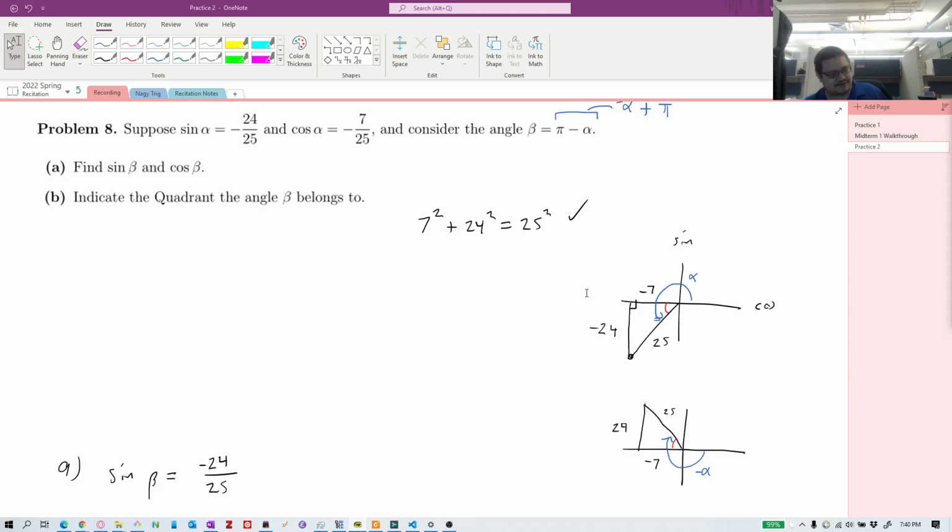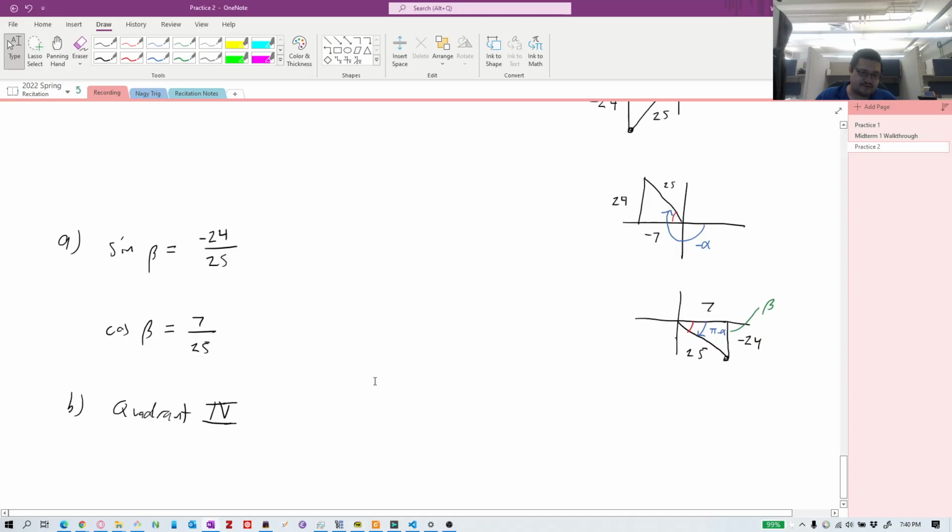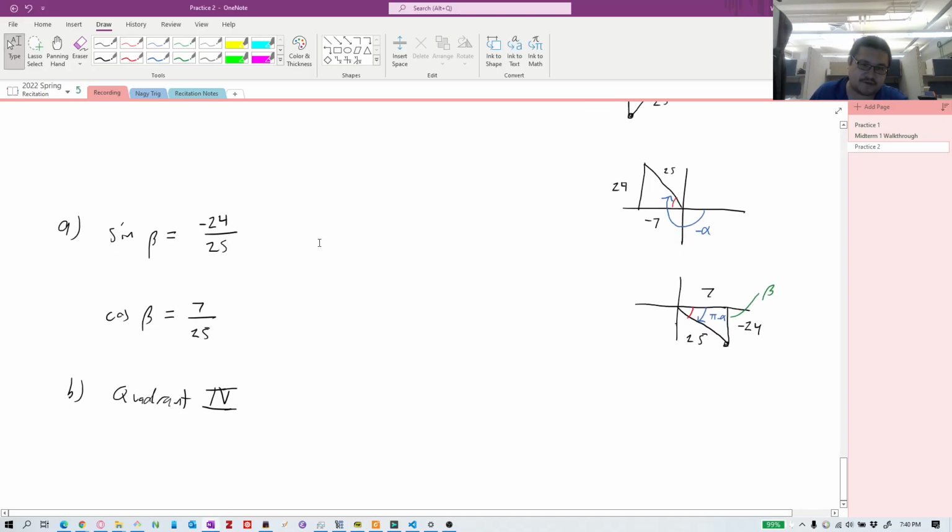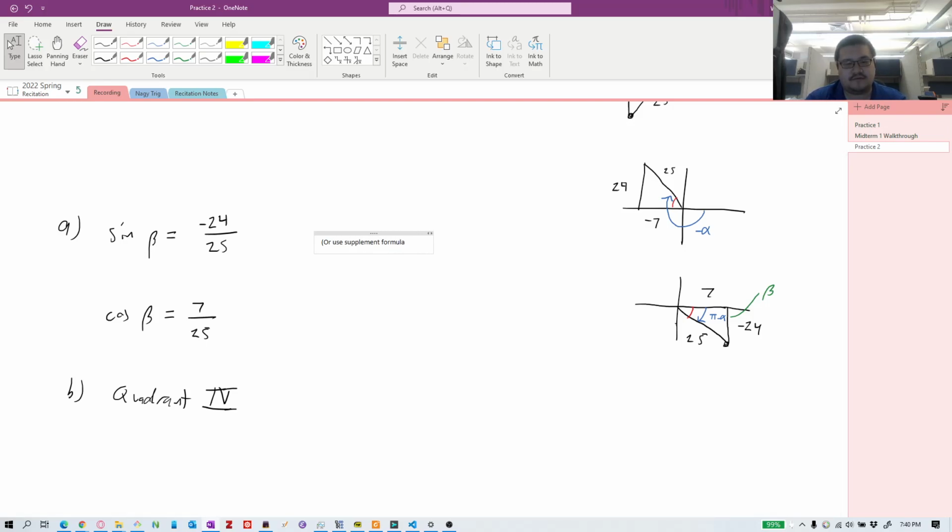So better to show at least a little bit of work. Maybe in a comment, you could say, or use supplement formula. But make a note of it on the exam.